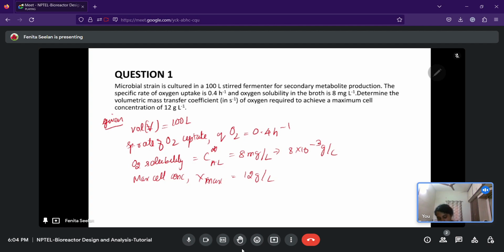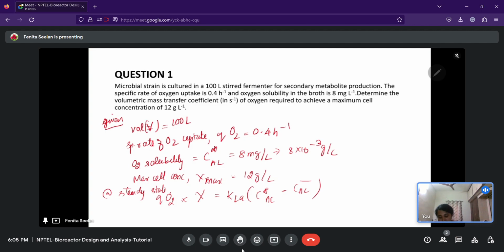We know that at steady state, the specific rate of oxygen uptake, QO2, into X gives KLa into the driving force. I hope you remember this formula.